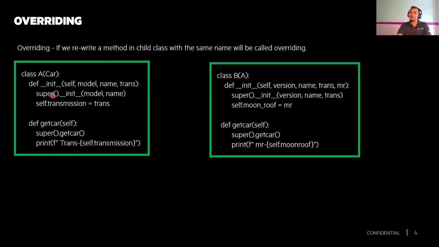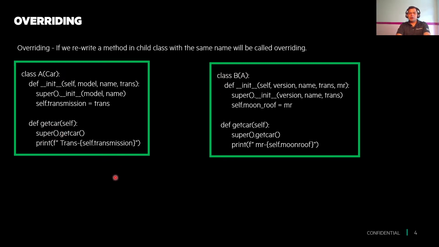In this case, we have the initialization method in the car, but that initialization is not good for class A. So what we did, we rewrote the init. At this place, it will be called overriding. We have the init in this scope, but we are overriding it and creating our own init function. The same thing we are doing for the get car.